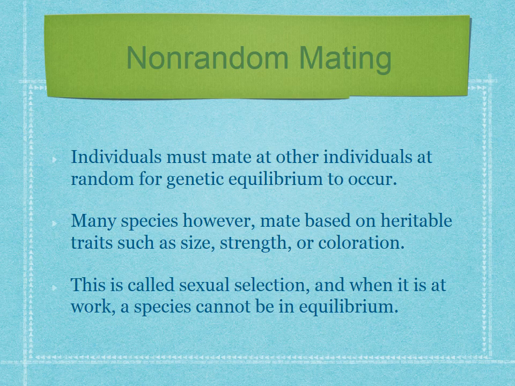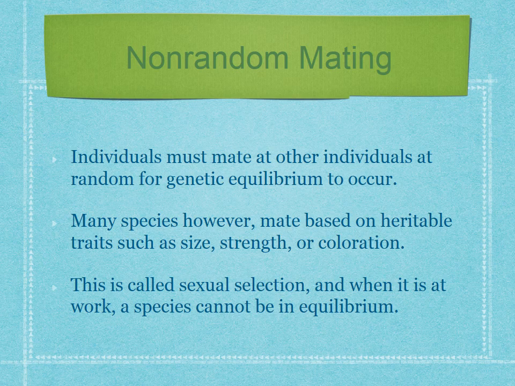The first we're going to talk about is non-random mating. For genetic equilibrium to occur, individuals must mate with other individuals at random. When we look at most species out there, even us as humans, we mate based on heritable traits such as size, strength, or coloration.